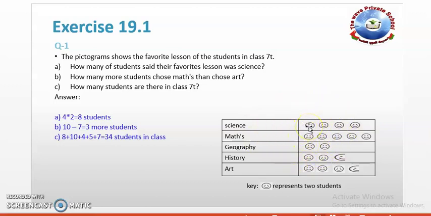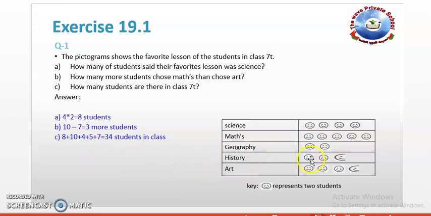For science, 2, 4, 6, 8. 8. And for maths, 2, 4, 6, 8, 10. The number of smileys is 5 and each smiley represents 2 students. So 10 for maths. Geography, 2 and 4. There are 4 students that like geography.